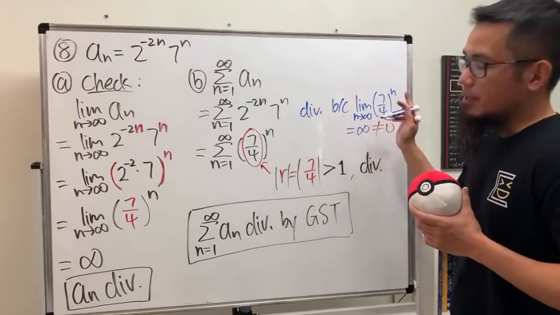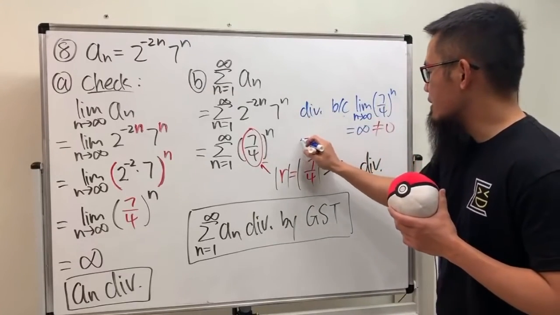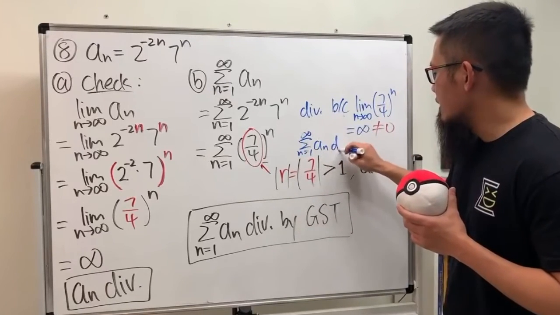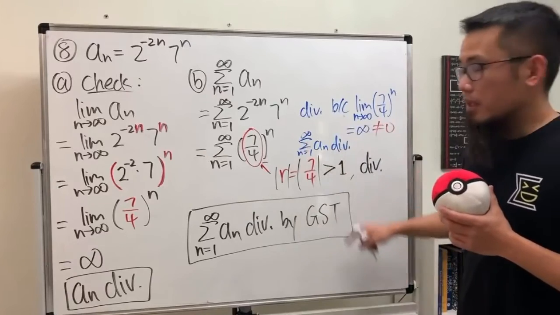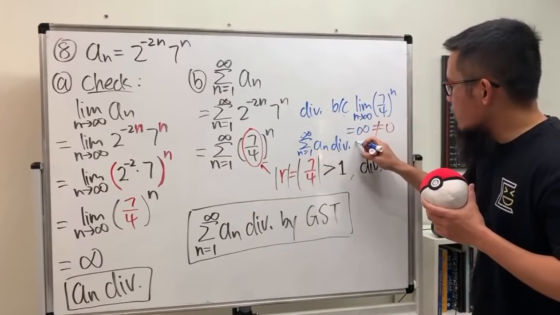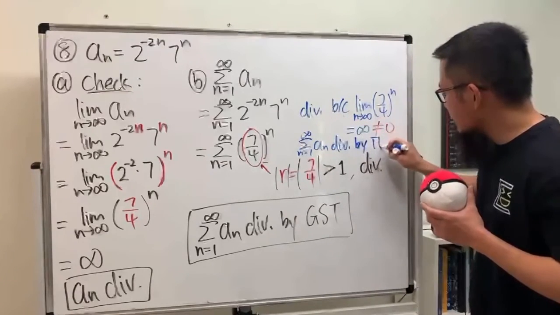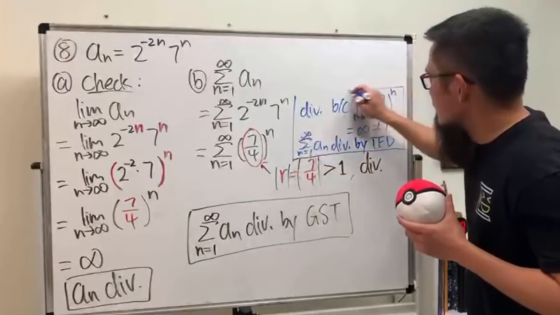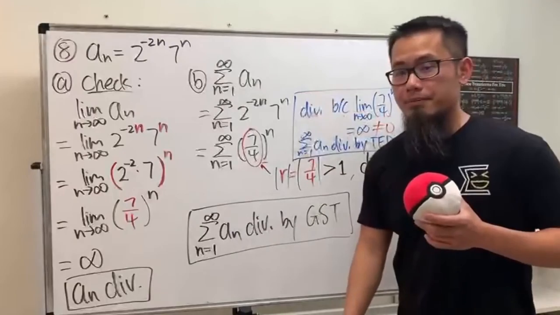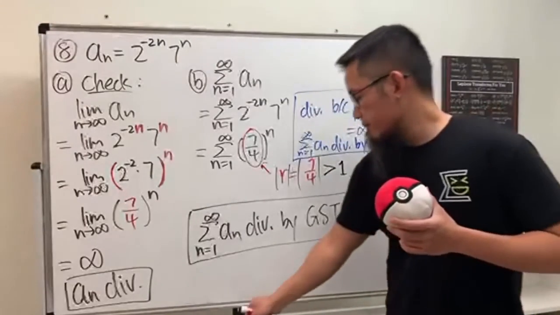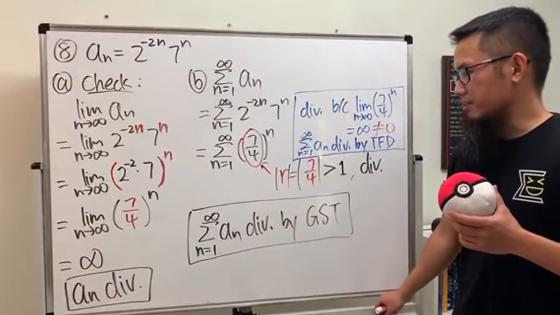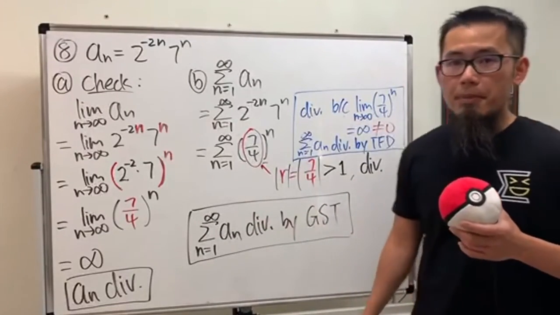If you put this down right here though, then you will just say the series as n goes from 1 to infinity of an diverges. If you use this, you will have to quote the test for divergence, right? So it depends on which route that you want to take. Yeah, so both are okay. Perhaps this one is better because we are talking about the geometric series already on the 6.